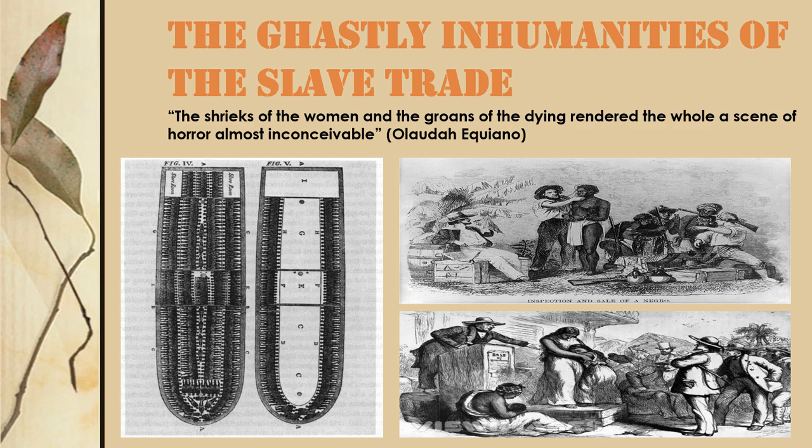And on the left, you see a drawing done during the abolitionist movement by one of the English abolitionists fighting to end slavery, trying to diagram just how inhumane the conditions were aboard slave ships. What you see there is an example of how closely packed slaves were under the decks, on their beds, if you can call them that.